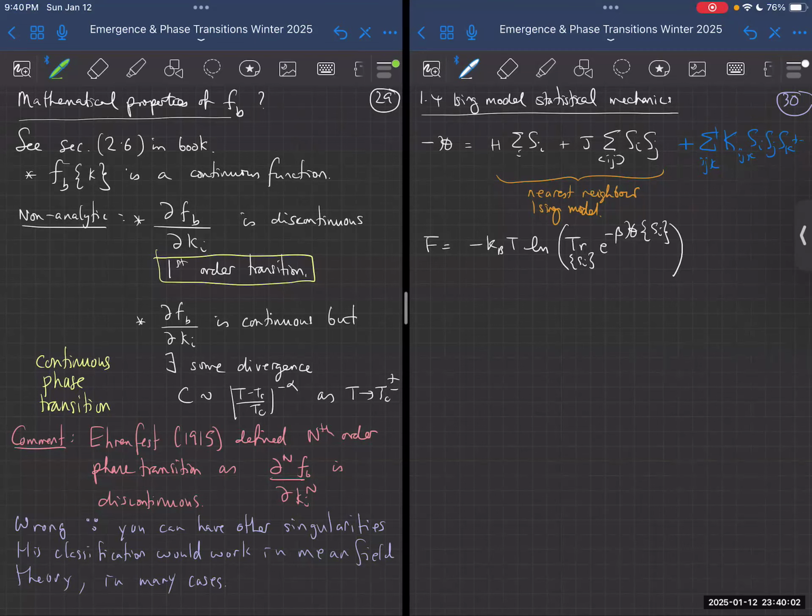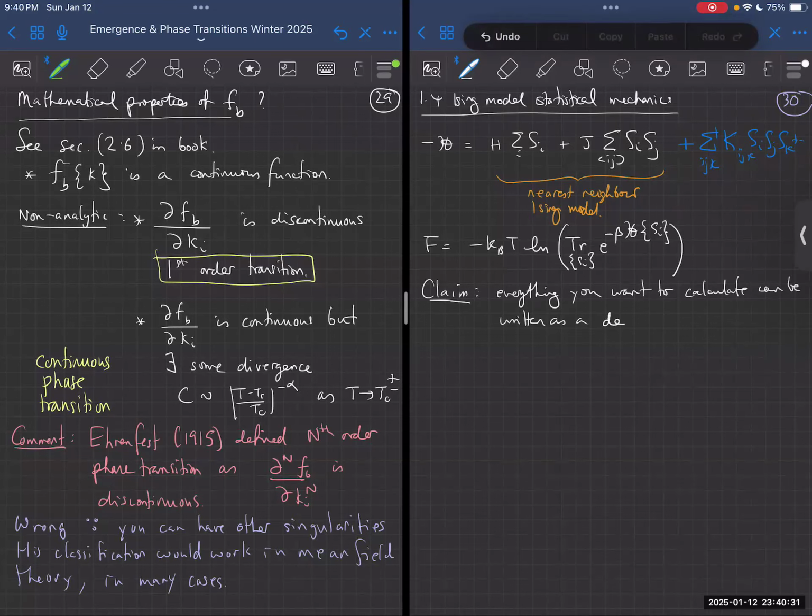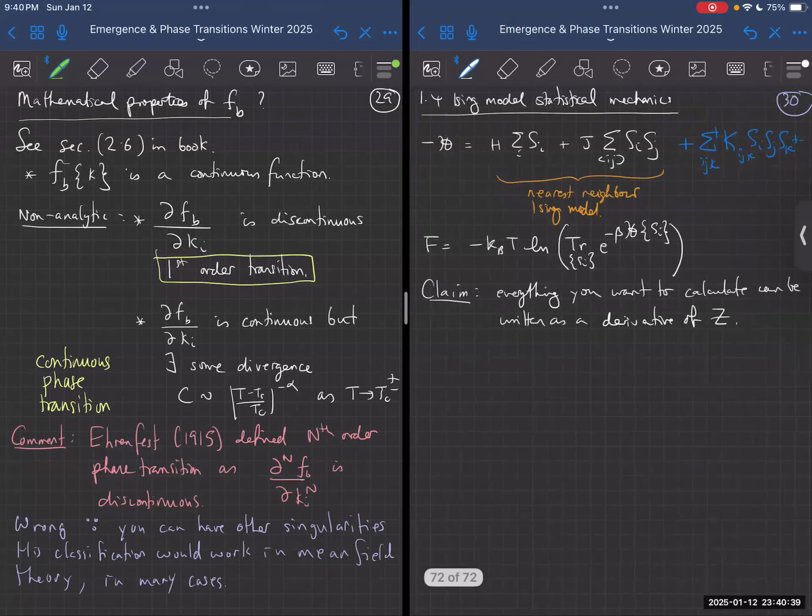My claim is that anything you want to calculate can be written as a particular derivative of the partition function. So let's have a look.